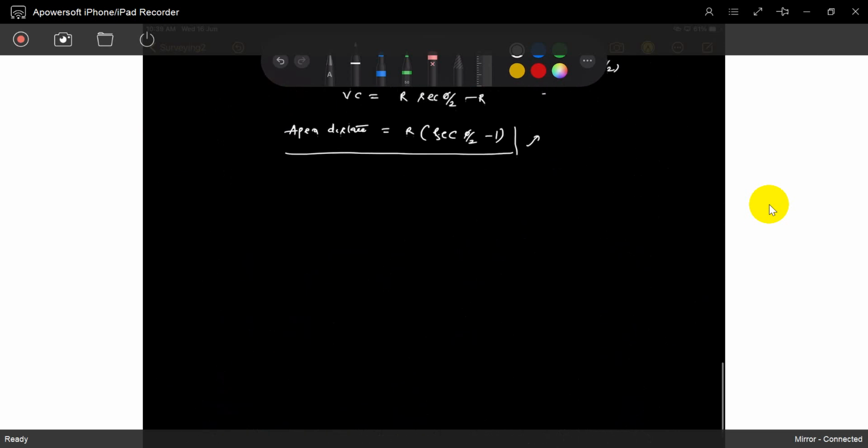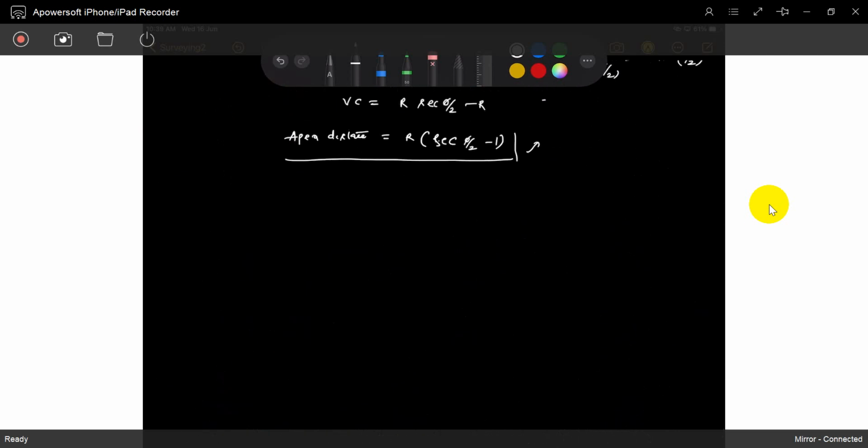So we will take some small problem. Later we will discuss how to set out the curve. So take a very small problem. Two straight lines intersect at a chainage. Chainage means length.